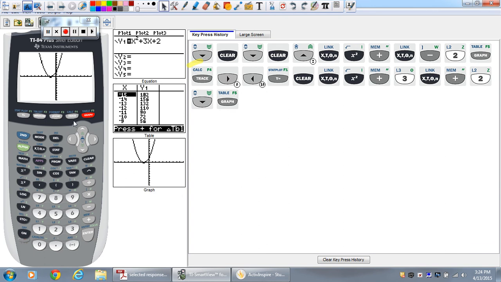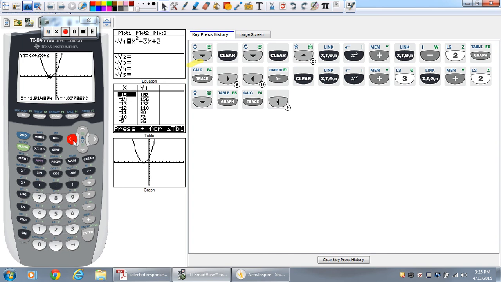And it's hard to tell, but I could use trace, or I could use the 0 function. I could zoom in a little to see. But I'm going to use trace, and my cursor right now is at the y-intercept. So I'm going to bring it down, and I'm looking for when y is 0 or closest to 0. It's pretty close right there when x is really close to negative 1, and it's going to go below it.